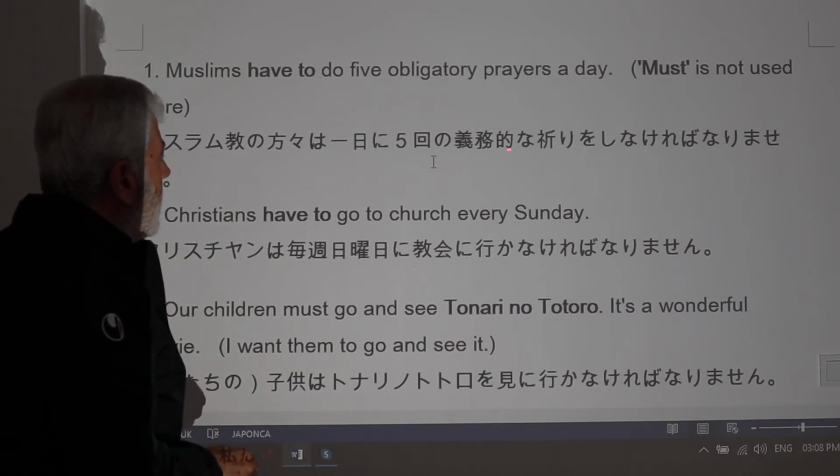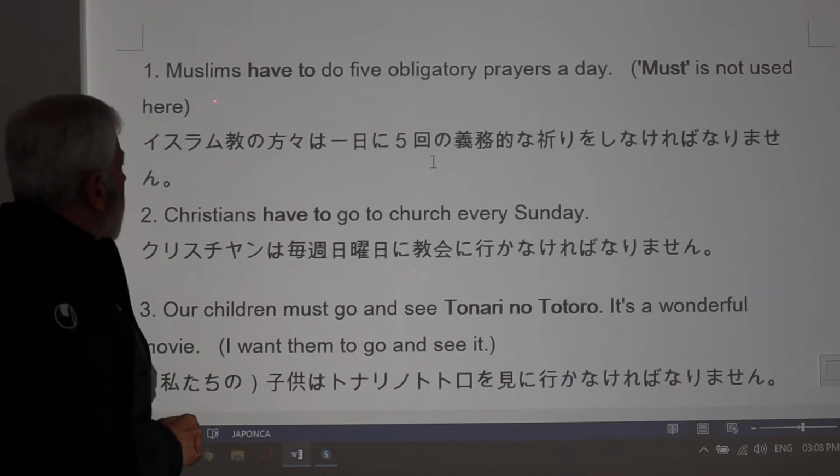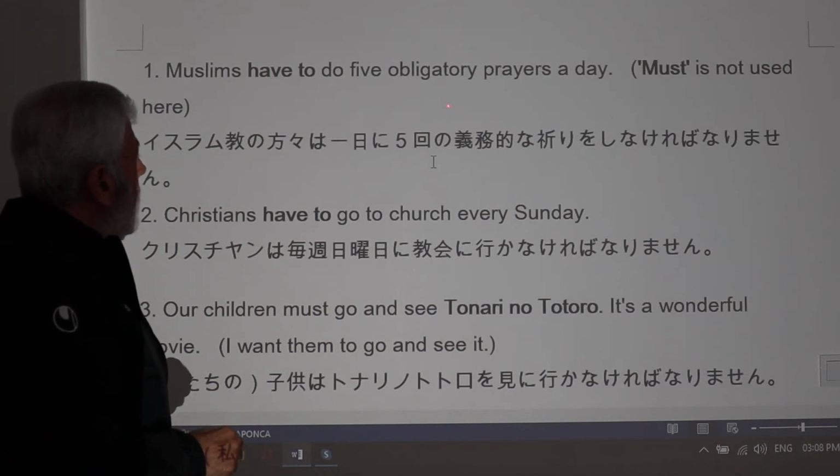Obligatory は義務的な。Obligatory。Muslims have to do 5 obligatory prayers.